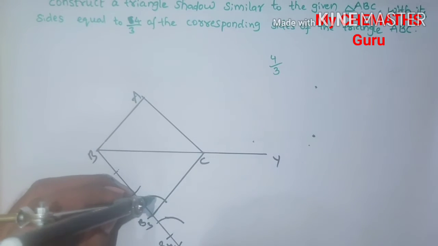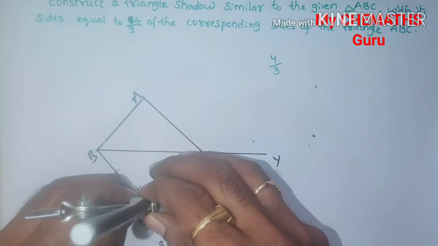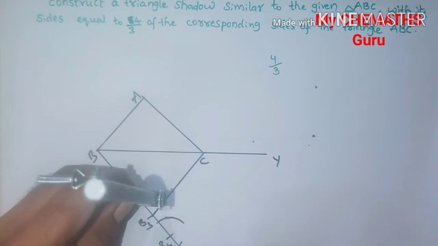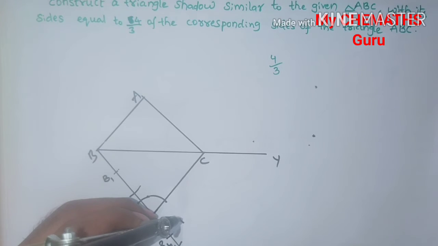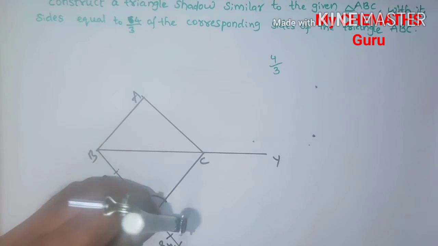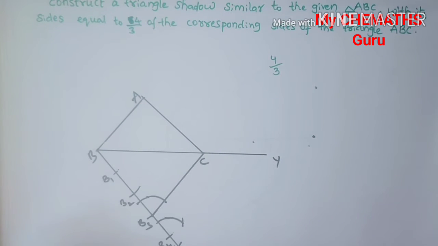Next, measure this arc with the compass. Next, with the starting point of this arc as center, cut the previous arc.